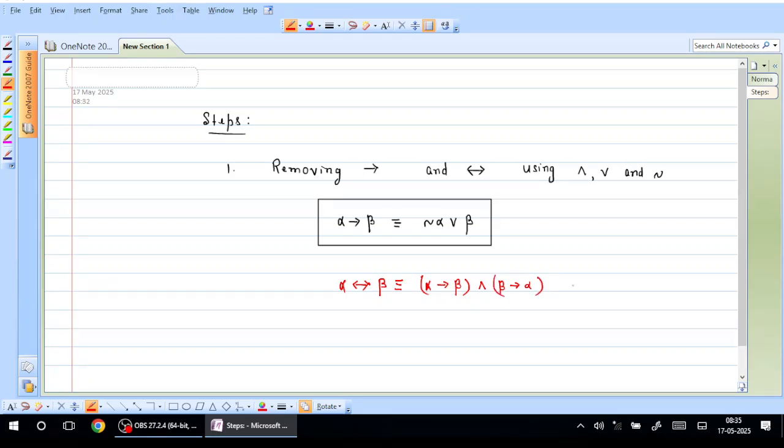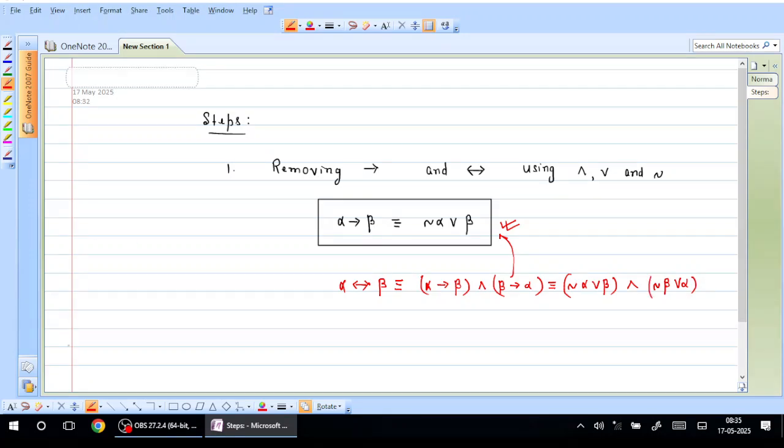And see, the first one, alpha implies beta, I can use this first one. So using this first one, I can say not of alpha, join beta, meet. And the second one, beta implies alpha, again I will go for the first one and swap the roles of alpha and beta, and I can say here not of beta join alpha.